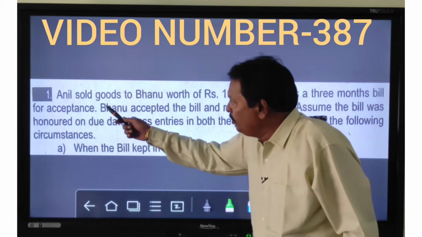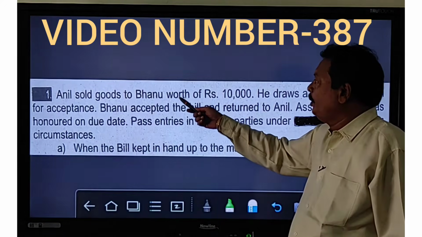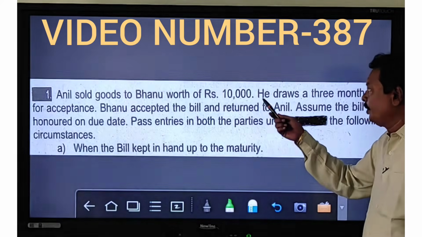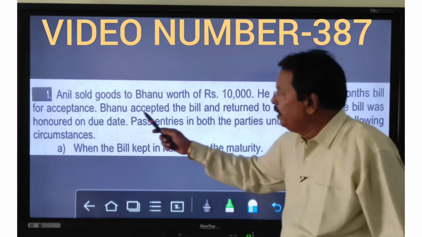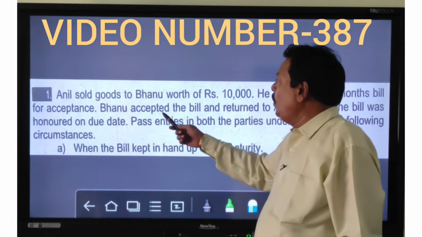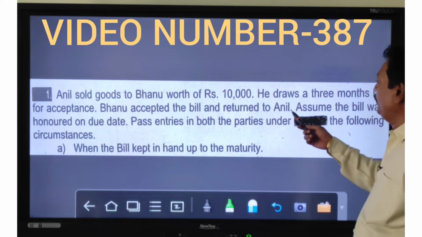Here in this problem, Anil sold goods to Banu worth 10,000 rupees. He draws a 3 months bill for acceptance. Banu accepted the bill and returned it to Anil.